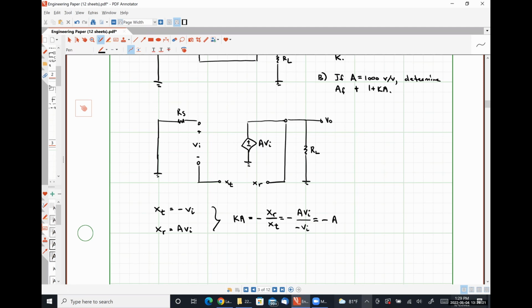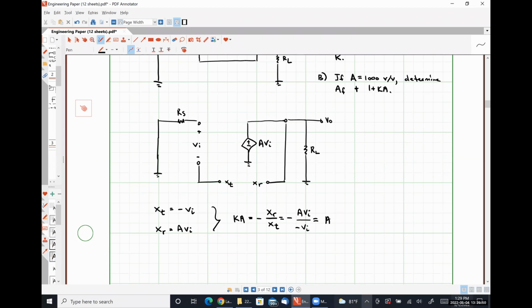So what's K, our feedback parameter? 1. Oh, you're... did I screw this up? KA equals negative XR divided by XT. Yeah, so that should, okay, sorry. No, this should be positive 1. You're absolutely right. So K is equal to 1.